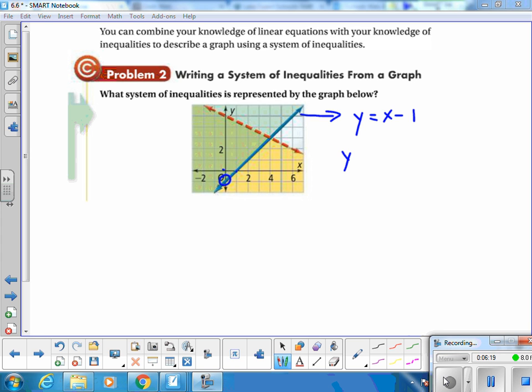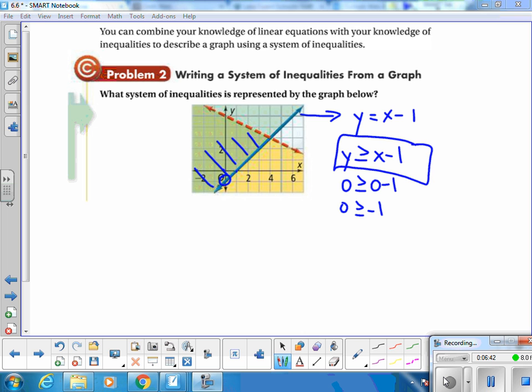So I'm going to try the equation of 0 being greater than or equal to x minus 1, and I'm going to try the point of 0, 0. Let's see if we can get this to fit. Okay, is 0 greater than or equal to -1? 0 is greater than -1, which is shading this way, and that is what we're looking for. So this indeed is my first equation.